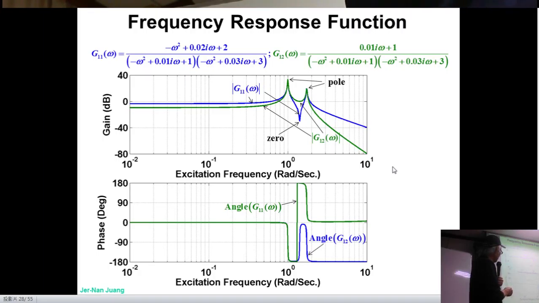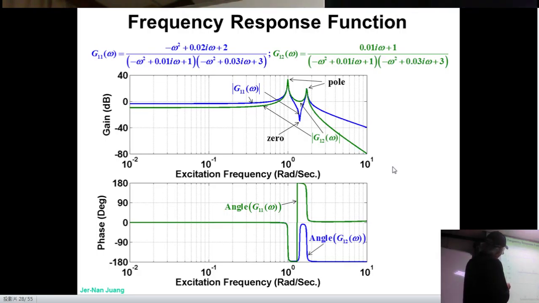However, if you look carefully, this blue line, we have a sharp, I call it valley, right? It is like a mountain. The valley here is a sharp valley, and that we call zeros. And that only occurs in the same location of input and output.